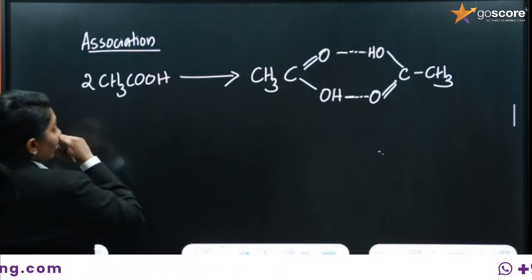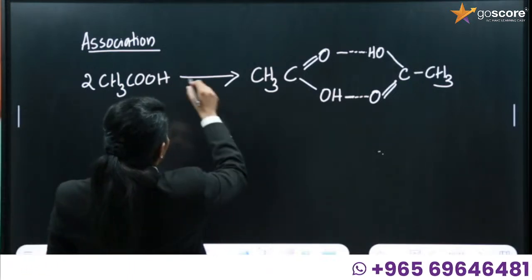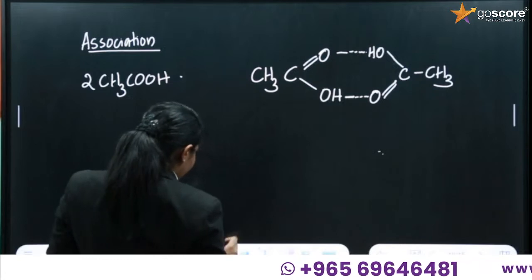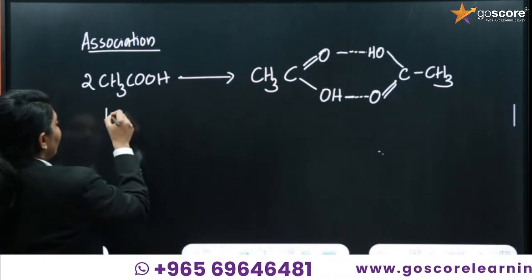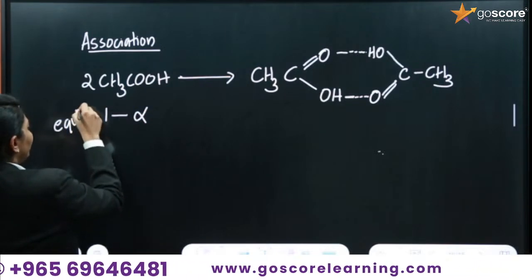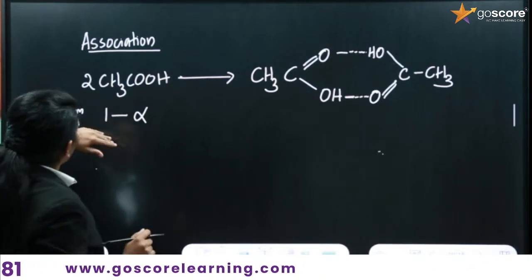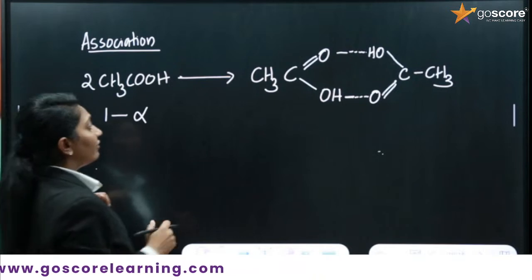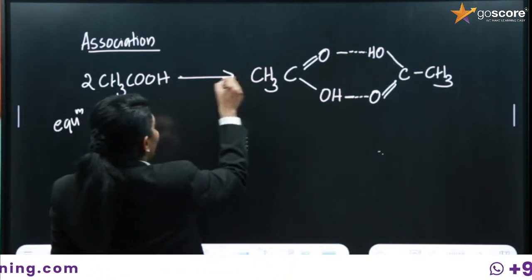So if you consider it in equilibrium, what you can write, just we are considering it in equilibrium. See what will happen here, 1 minus alpha at equilibrium, at initial state it will be 2, right? We are considering for 1, it will be 1, then 1 minus alpha if it is associating.